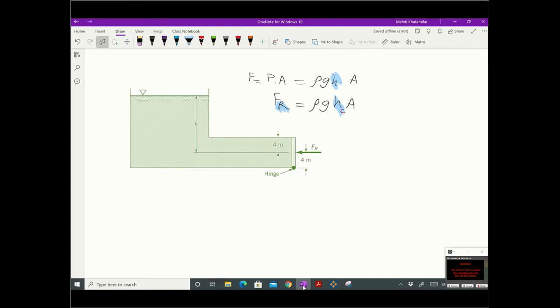And for your calculation, you need this. How can you find that? This is in meters. You have this.